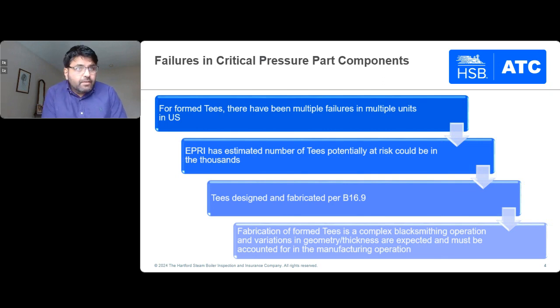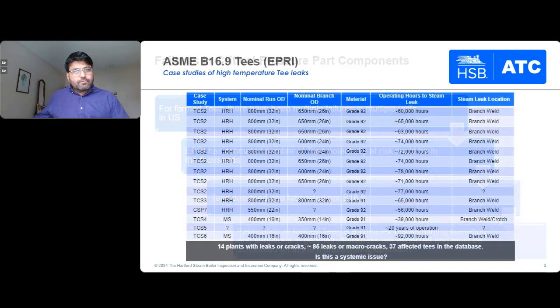Now, an interesting observation about these Ts: when you think about how they are fabricated or formed, it's in fact quite a complex blacksmithing operation, especially for some areas within that T, like the crotch, as an example. It's absolutely mission critical to keep some geometry and thickness very consistent when you make them. That would become quite apparent as we get further into the discussion.